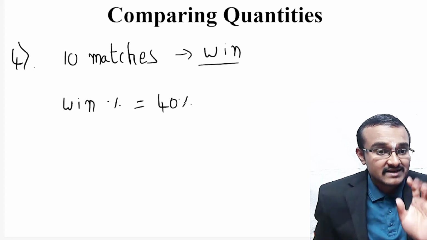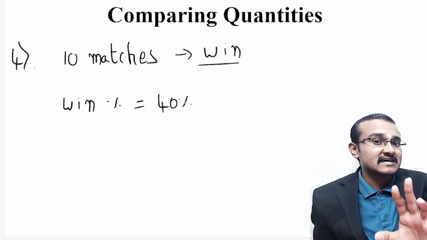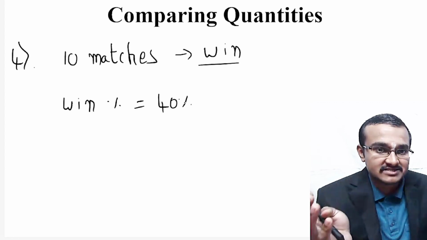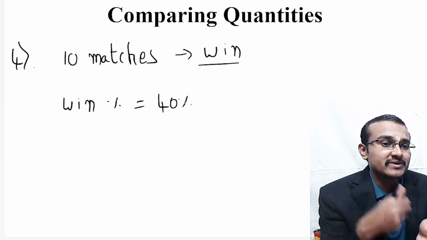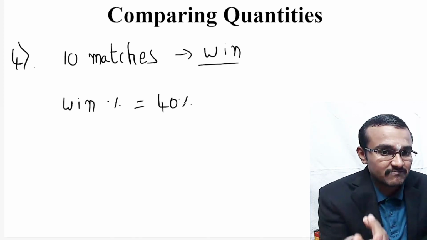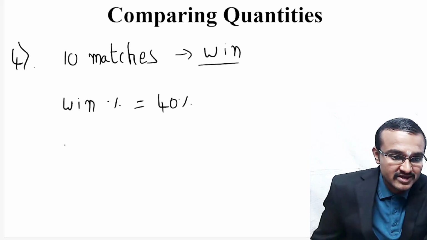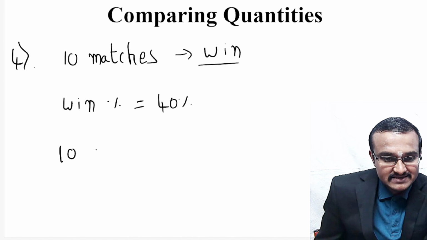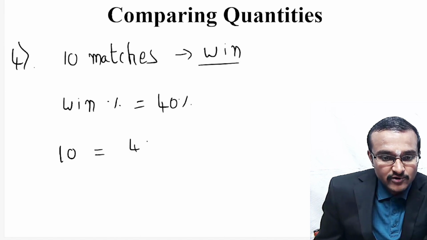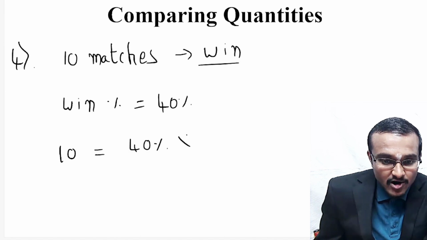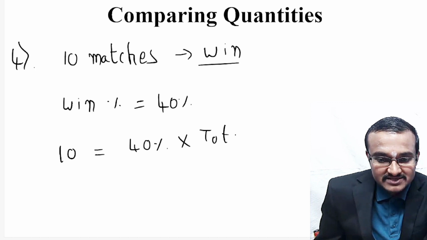So here they have given that 10 matches they have won out of total matches. Now you should find how many total matches they have played, so that they have won 10 matches in that. So here 10 matches is equal to 40% of total matches.